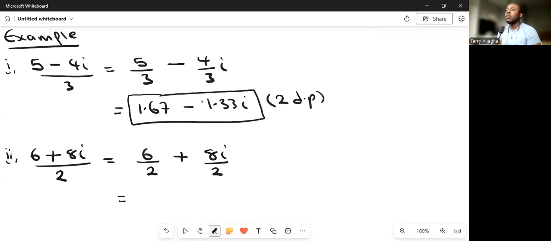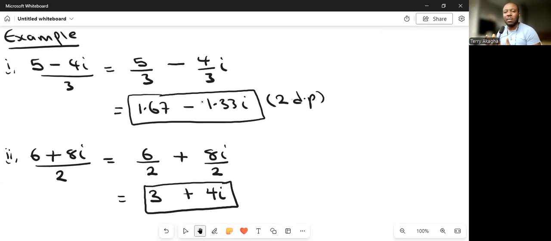Now 6 divided by 2 will give you 3. 8 divided by 2 will give you 4i, and that will be the answer for that. So you see, it's pretty easy with real numbers. Just make sure that you divide each of the numbers separately, then you simplify.